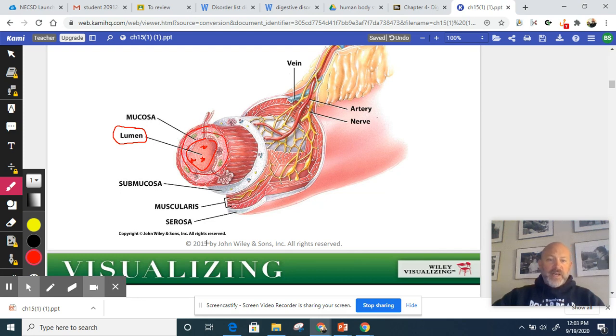Now, behind the mucosal layer, this is where we're going to find lymph nodes, blood vessels, nerves, arteries and veins, that kind of stuff. That's our submucosa. And then we have these layers and layers of smooth muscle making up the muscularis. And then we have this outer tissue called the serosa that kind of holds everything together.